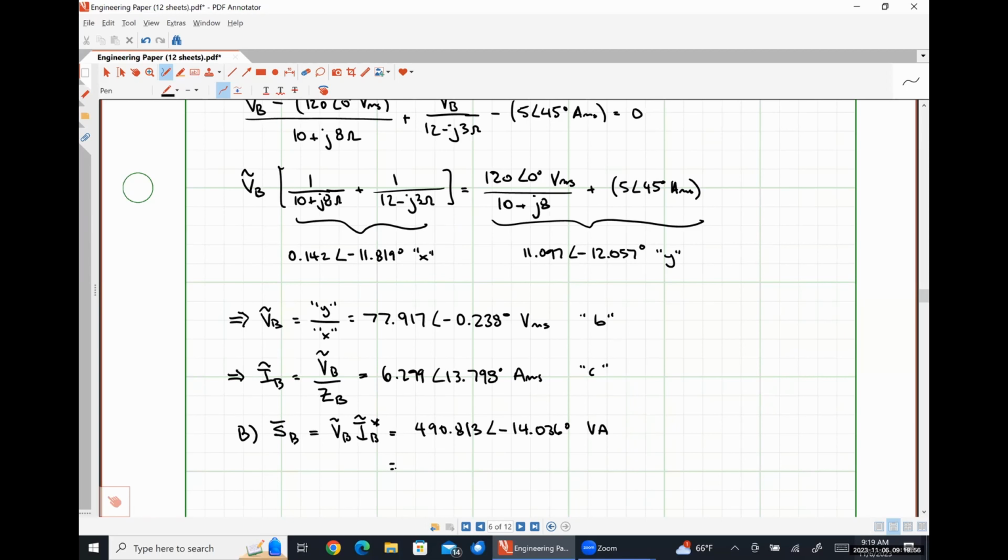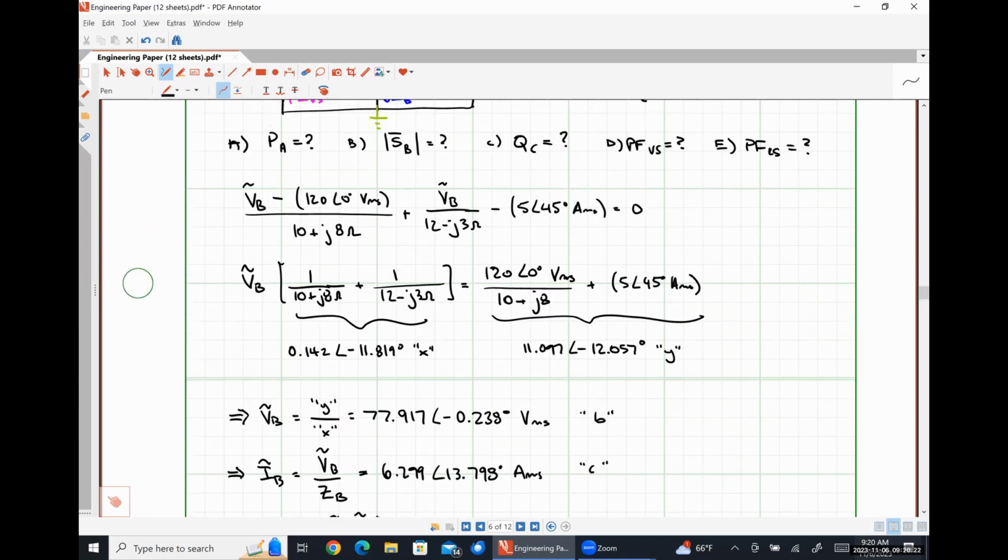Converting that to rectangular gives me 476.158 minus j119.040 volt amperes. Which of those numbers am I actually interested in?